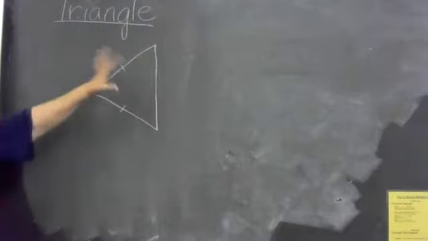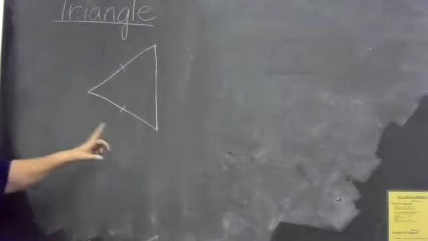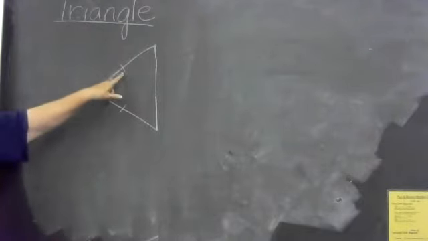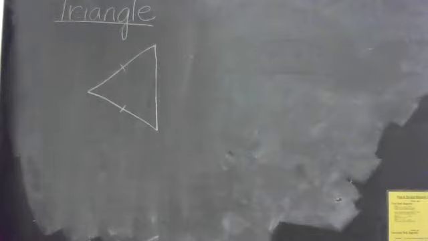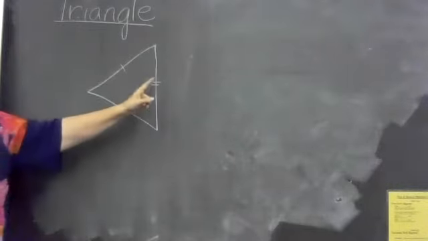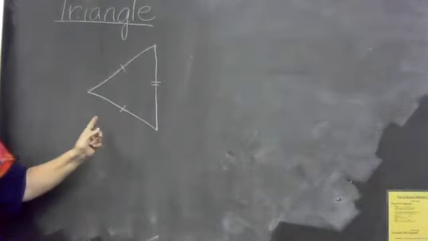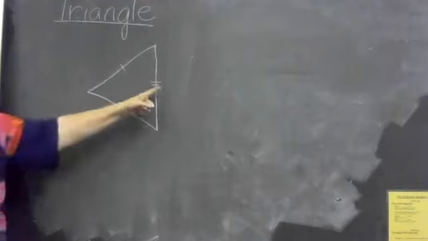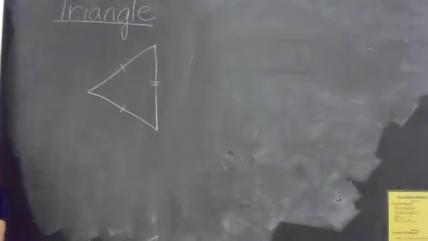If you see a picture that looks like this, it's telling you that this side is equal to this side. They don't have to tell you in the instructions or anything, as long as they have the tick marks. If they have this, that means that's a different measurement than this. Okay? So remember your tick marks.